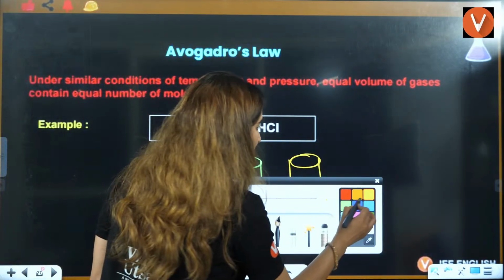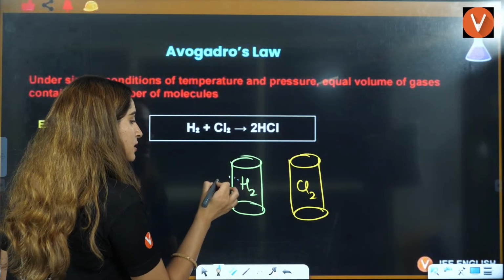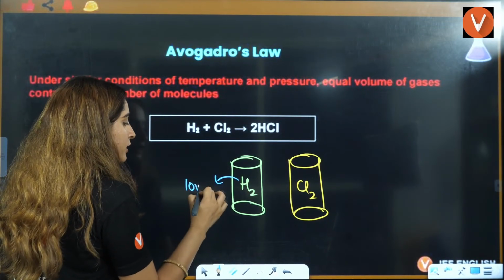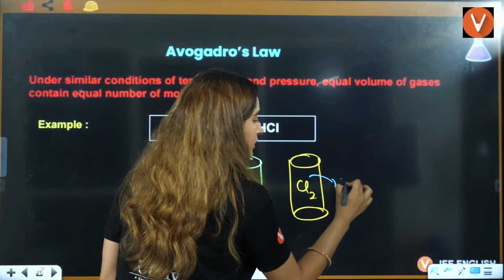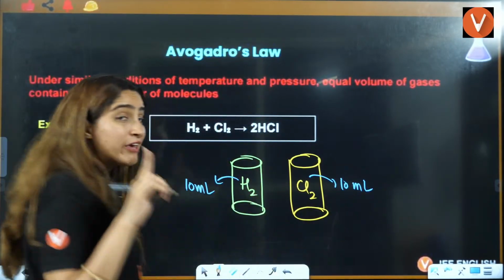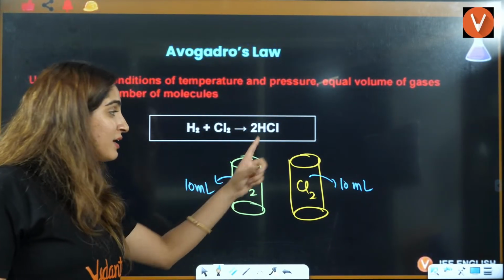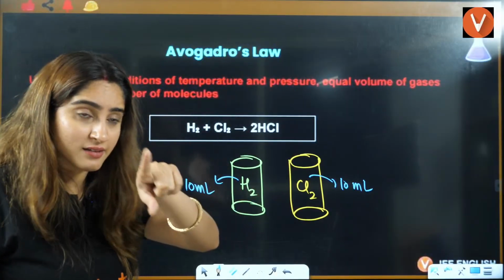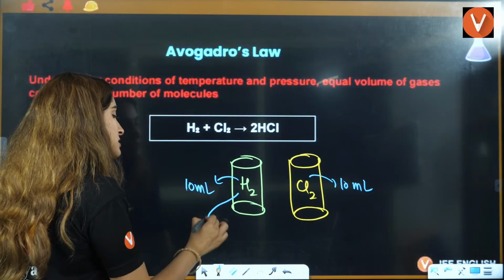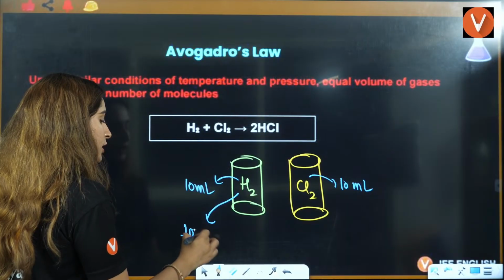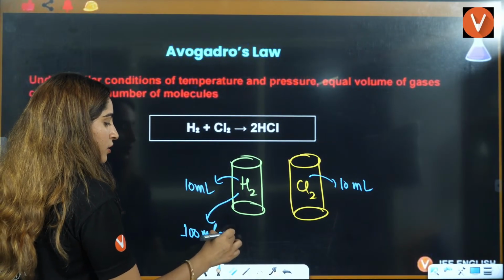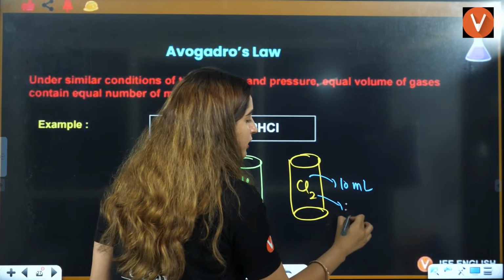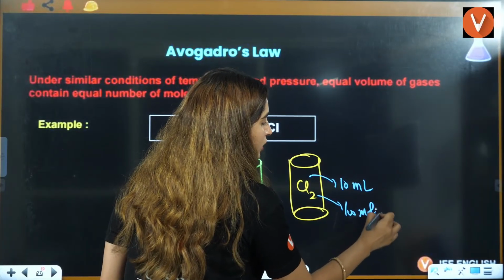Equal volume of gases contain equal number of molecules. If I say this is 10 milliliter and this is 10 milliliter, and this contains 100 molecules, then this will also contain 100 molecules.